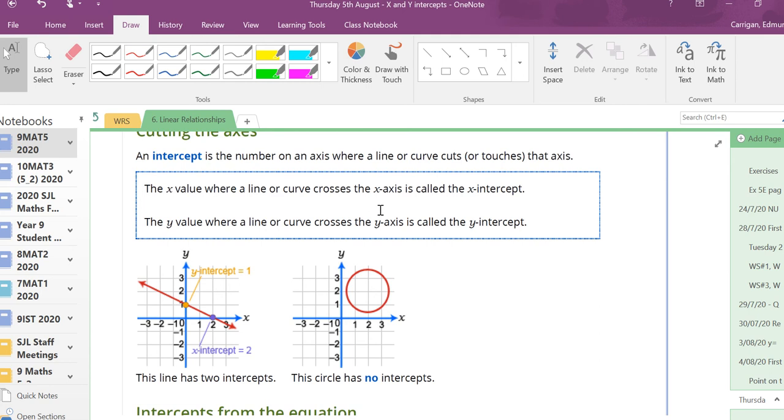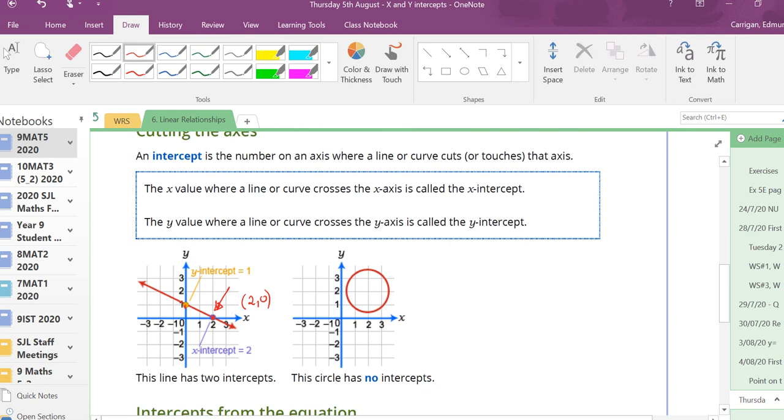So the x value where a line or curve cuts the x-axis is called the x-intercept. So here is the x-intercept, because the line is cutting the x-axis. We will notice that the y value is 0, so that is going to be (2, 0). And then the y value where a line or curve crosses the y-axis is called the y-intercept.